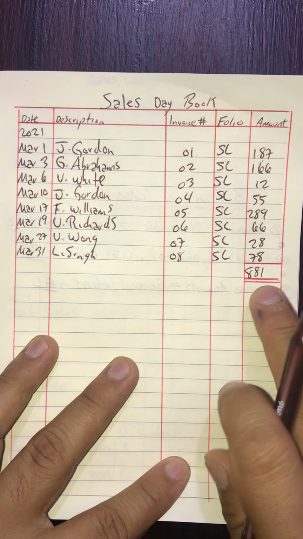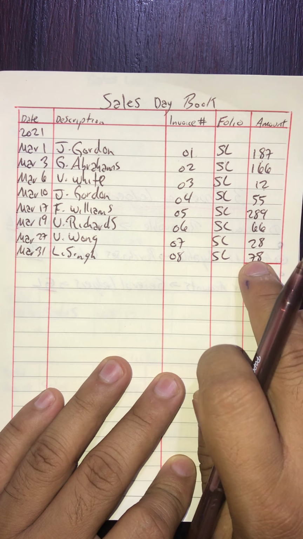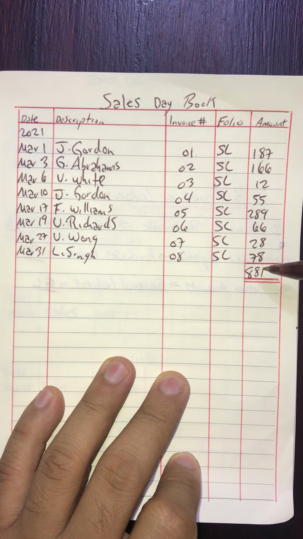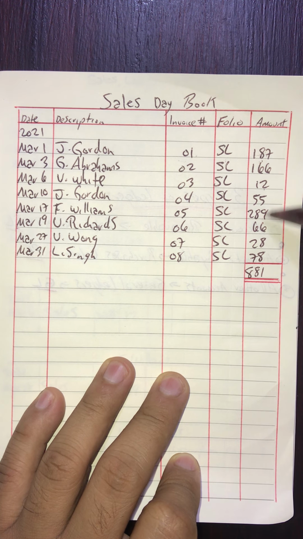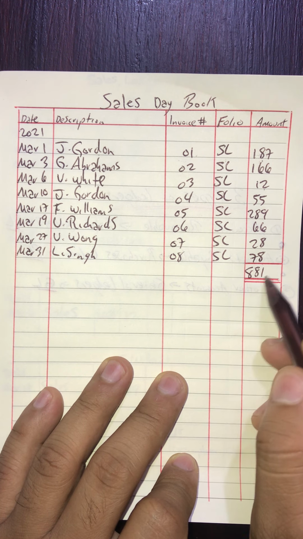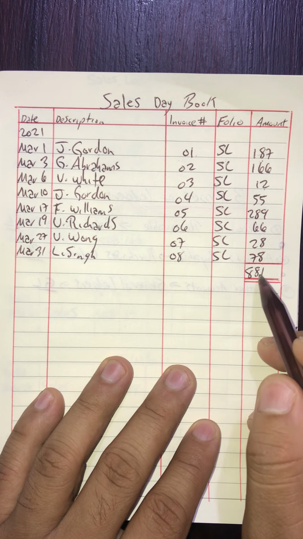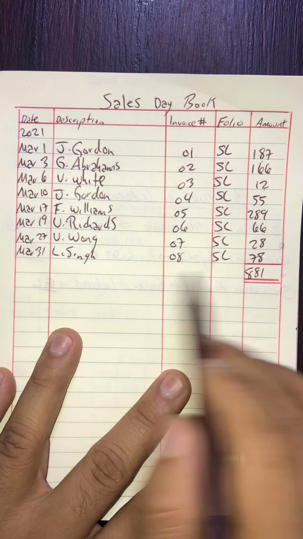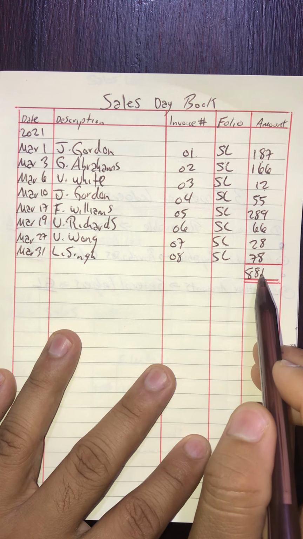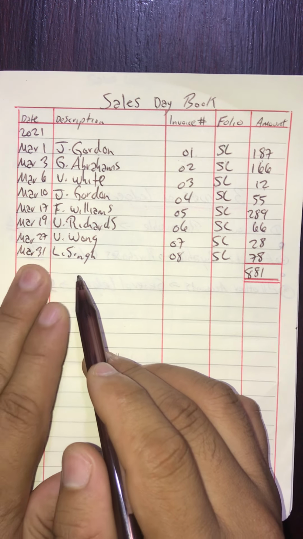So this particular amount, similar to how we posted these transactions right here, the same way how we posted these transactions to a T account, we need to do the same with this total right here. Okay, so we are going to transfer this amount to a T account. So let me first of all, for the total, we do not need a date.